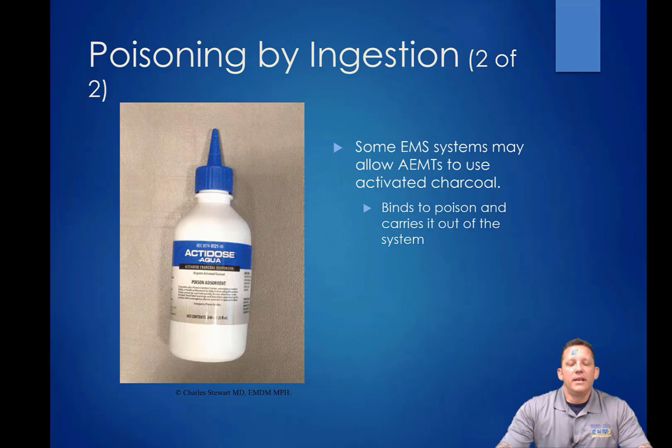It's carbon by design, and because of its porous nature, it has a surface area that is extremely large in relation to its volume. So what this effectively does is allow certain compounds and other things to attach to the carbon molecule and be absorbed or bound. It would be excreted from the body by either vomiting or a bowel movement.